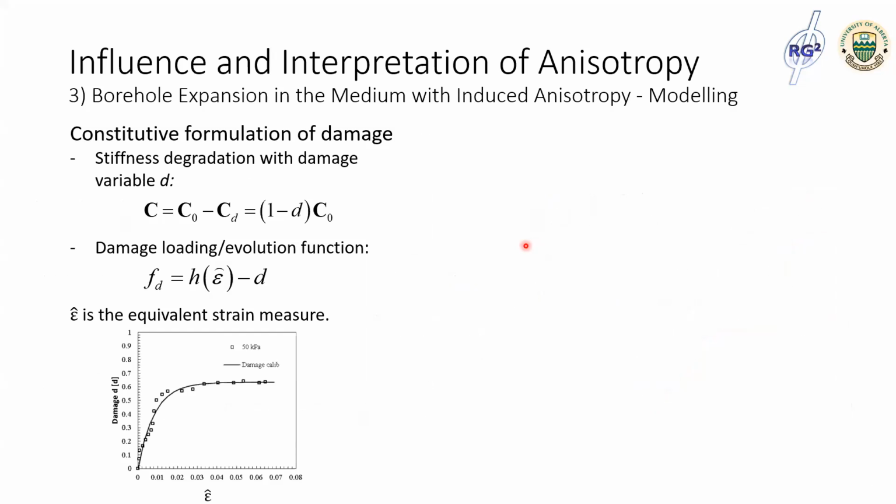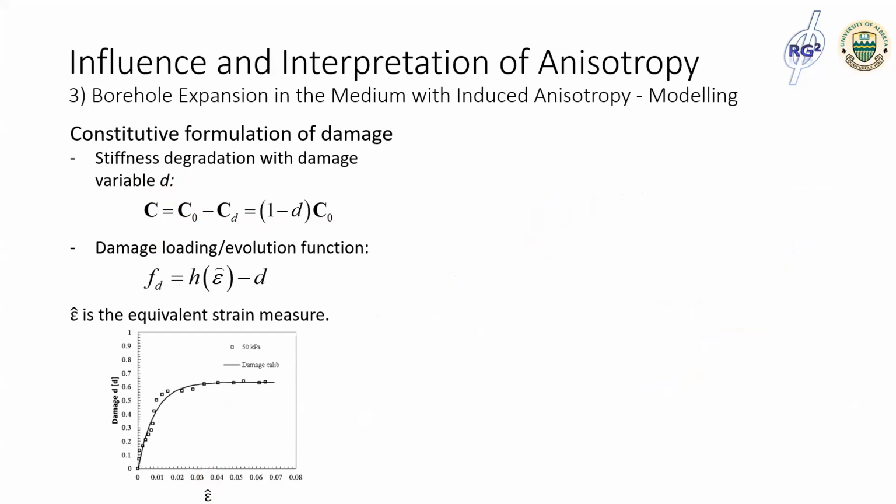So with evidence like this, the damage initiation and evolution criteria can be formulated constitutively. The damage variable D here is introduced to characterize the degradation of the stiffness and assumed to have a variation with the equivalent strain measure, epsilon hat.